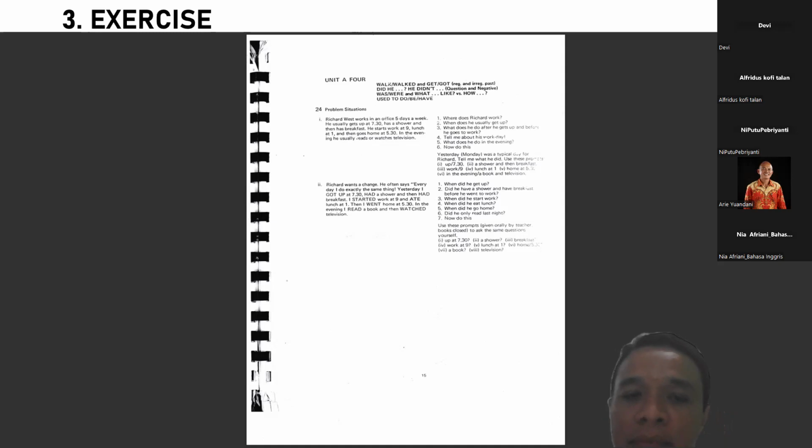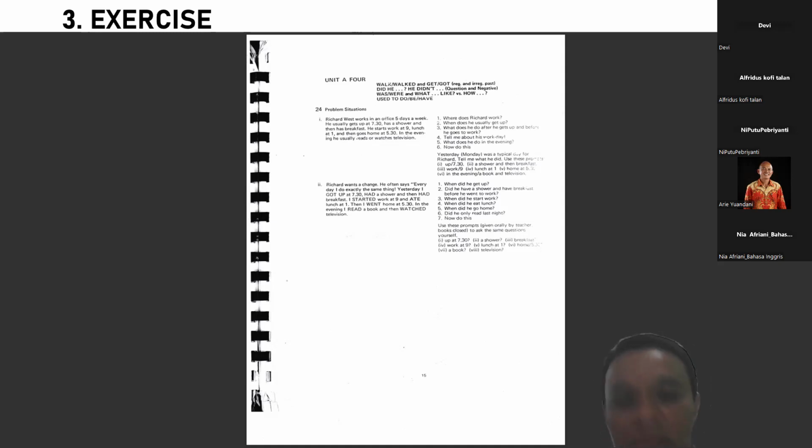Your turn now. You have to formulate the prompts by using the simple past tense. For example, "up / half past 7."